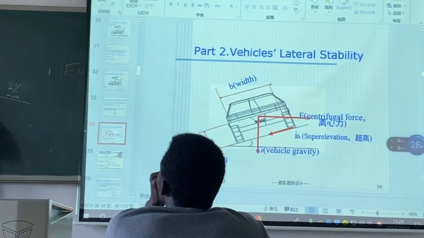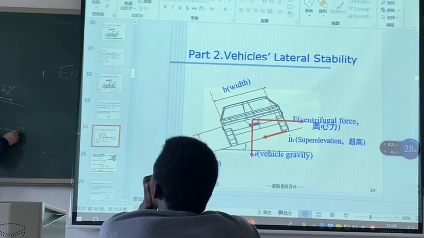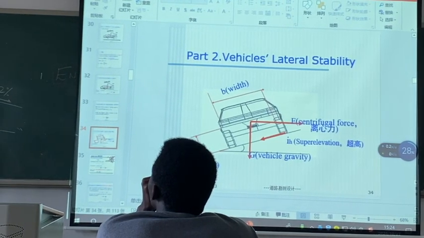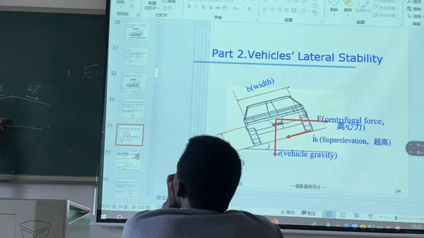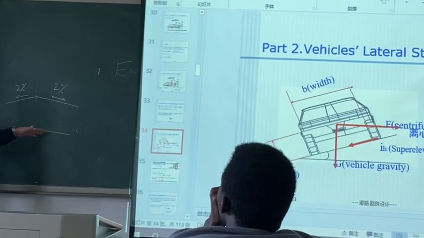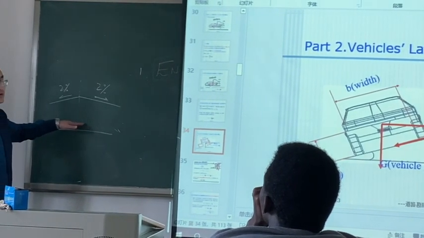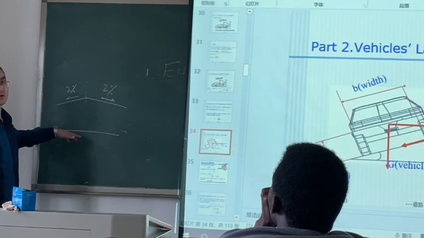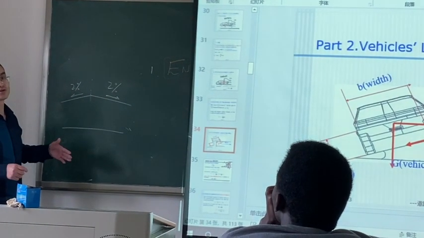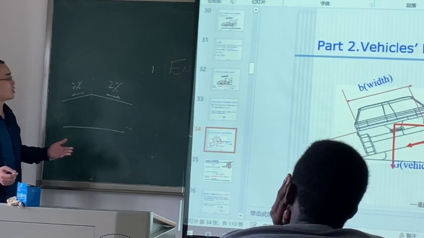If the cross slope is zero, when it is raining, the rain will stay on the road. It's not safe for driving.